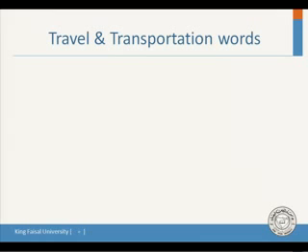Okay, more about travel and transportation words. Look at the phrases in red. On Monday we took a train. So we take a train, past tense: we took a train to Long Beach. Can you make a similar sentence? Just change some of the words.